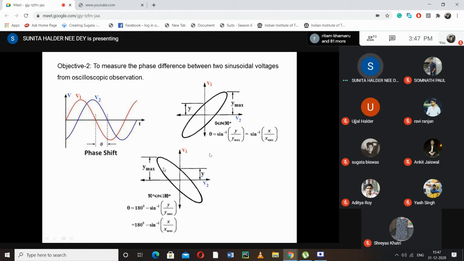And one thing, in this case, you always have to select the XY mode of the oscilloscope. If you change to the X mode, then you can see only the sinusoidal voltage V1. If you make it Y mode, you can see only V2. But in XY mode, you will get the Lissajous pattern. So in this way, we can get it.